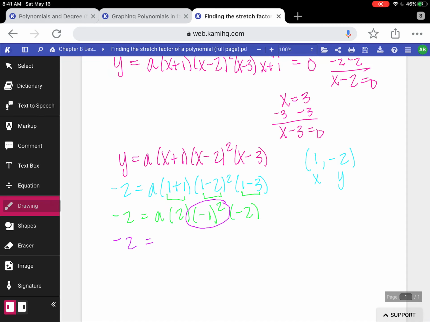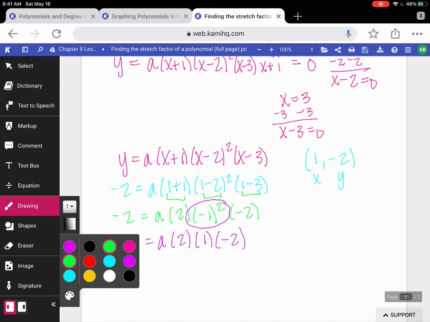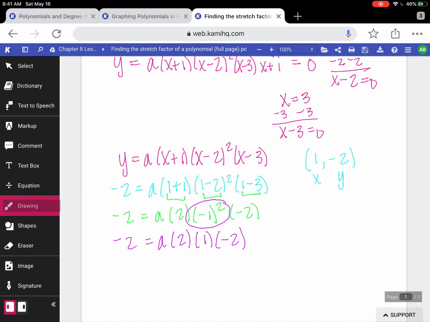So we have -2 equals a times 2 times 1 times -2. And then we can multiply, so we do 2 times 1 is 2, times -2 gives us -4. And then we just solve for a. So we're going to divide by -4. So it tells us that a is 1/2.